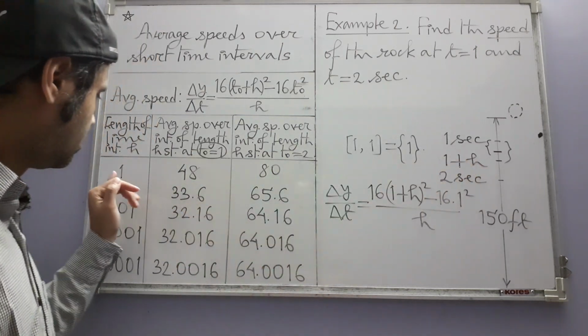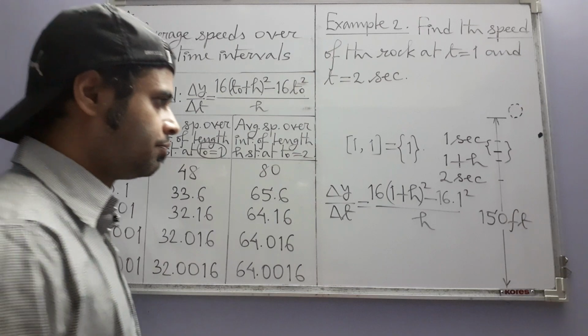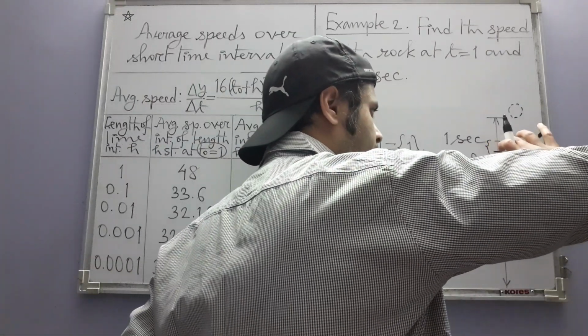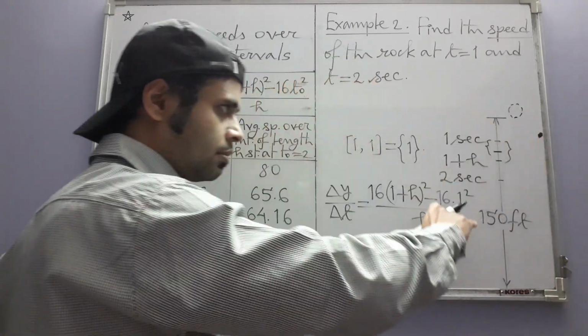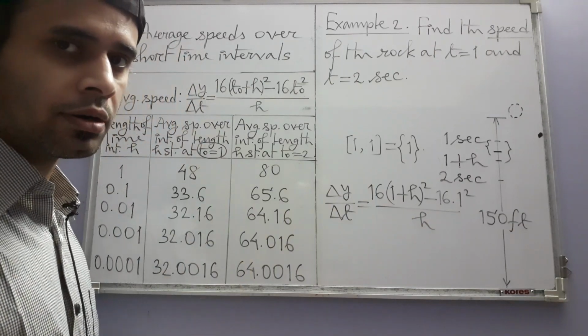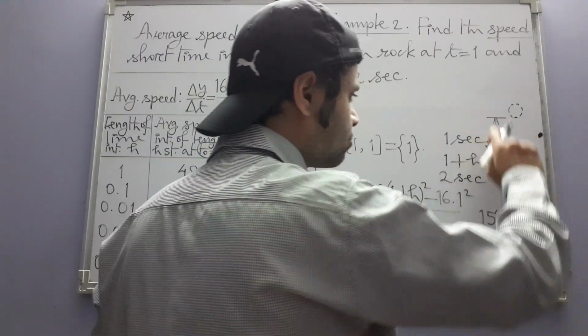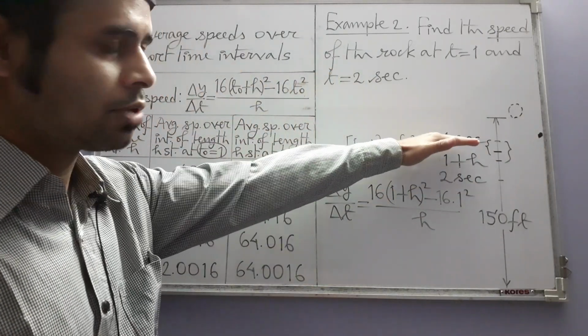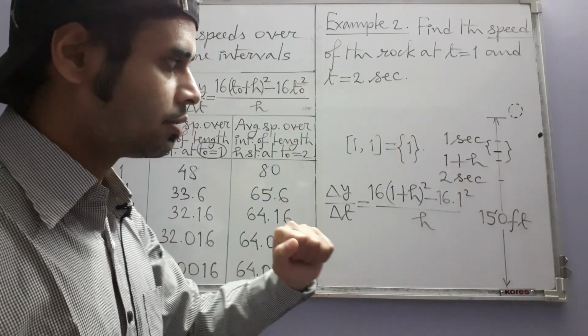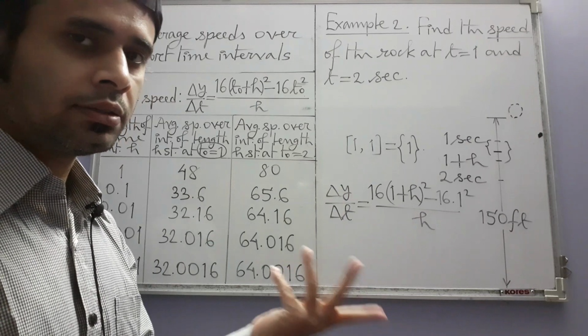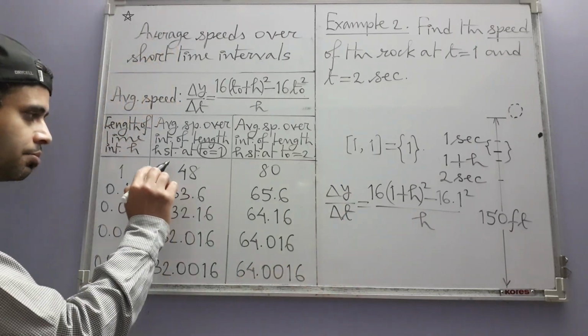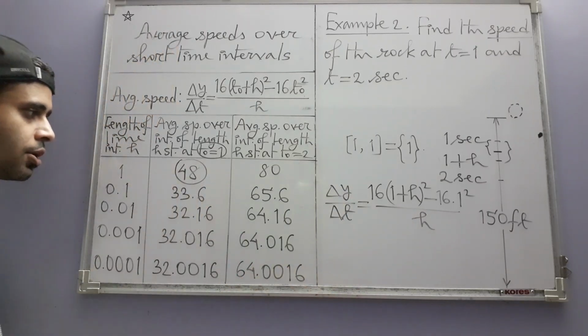So when our h is 1, the interval is the 1 second length interval, having these two boundary points, one of which is this 1 second mark and the other one is 2 second mark. In this we have one average speed, and that average speed is 48.